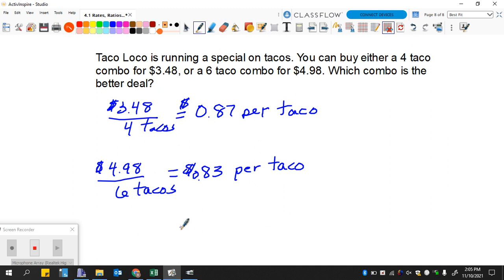So obviously the 6 taco combo is a better deal.